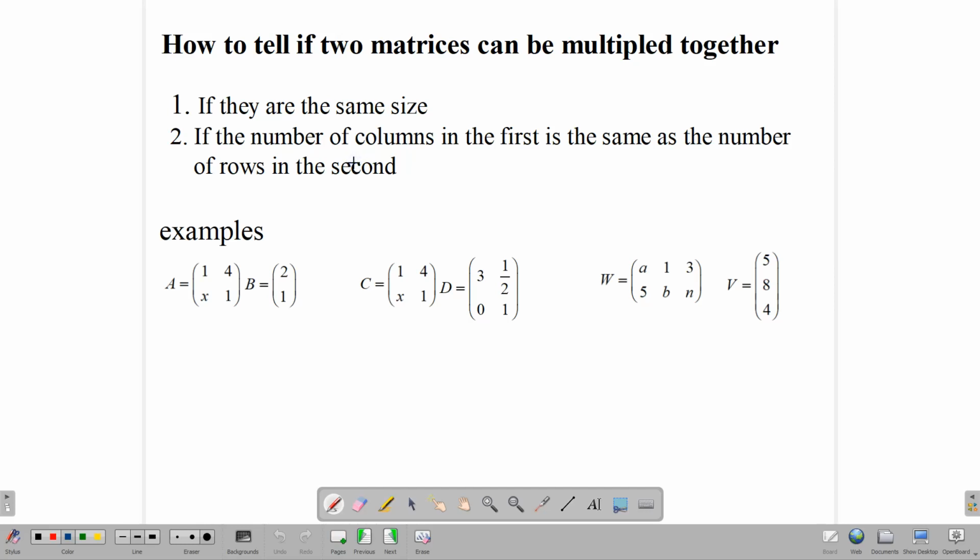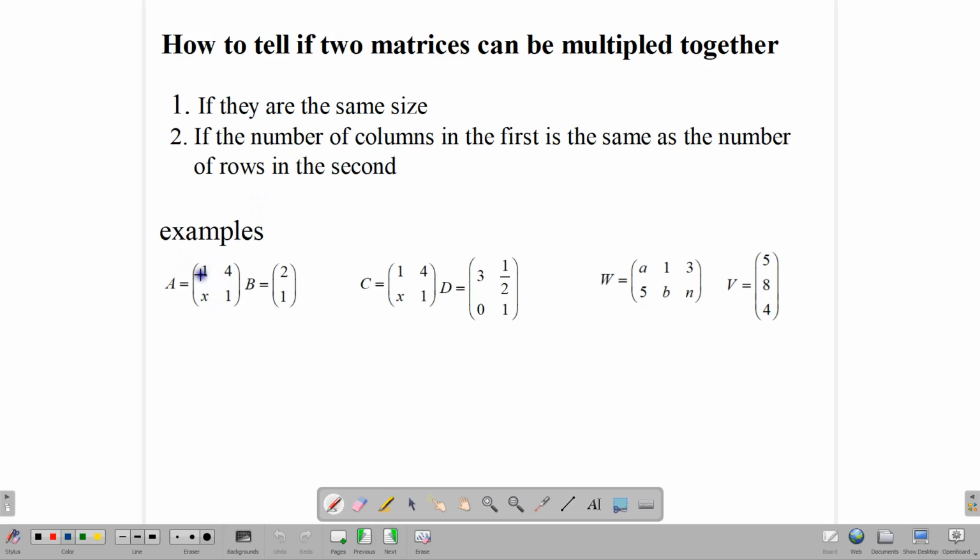And the resulting answer matrix will be the same size as the matrices that were multiplied. 2. If the number of columns in the first matrix is the same as the number of rows in the second matrix, then those two matrices can be multiplied as well. In that case, we would have to look on a case-by-case basis as to what the size of the answer will be. Let's look at these examples.